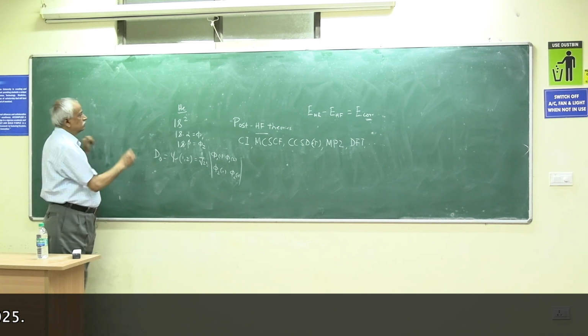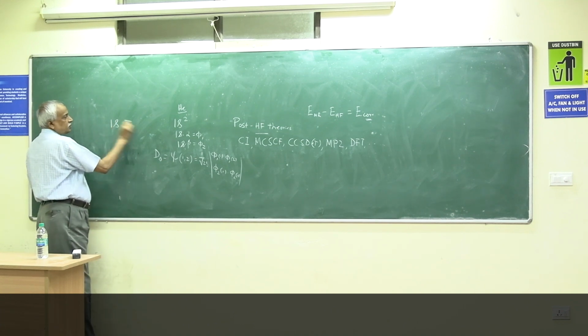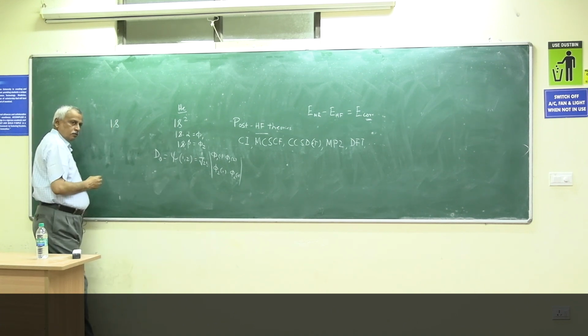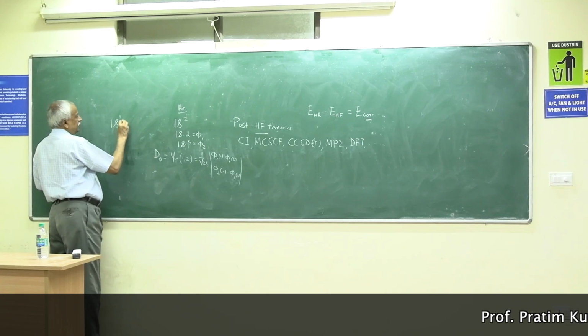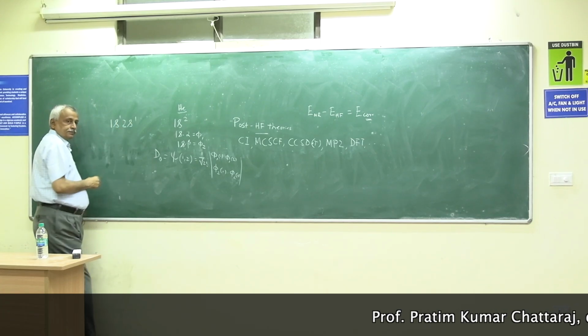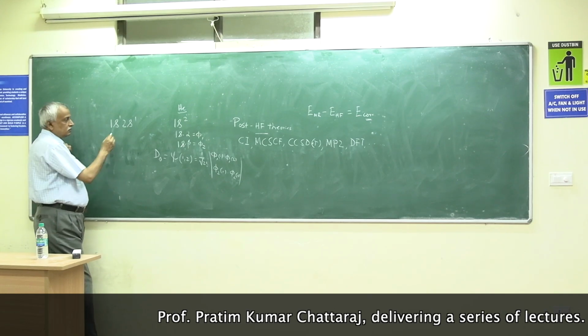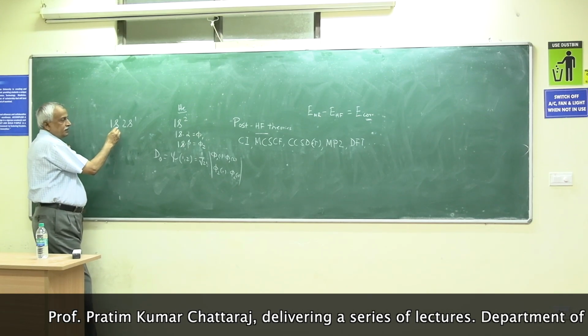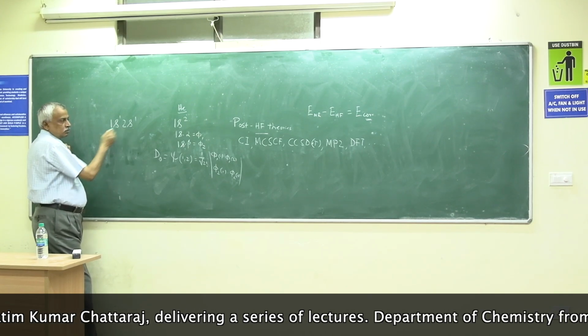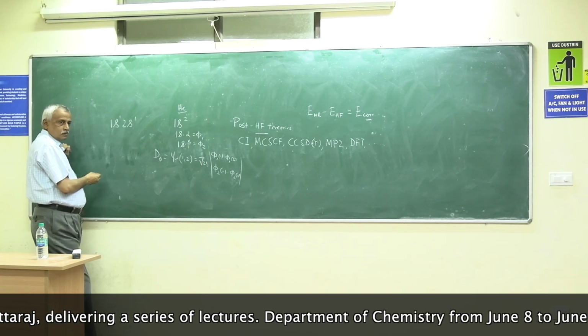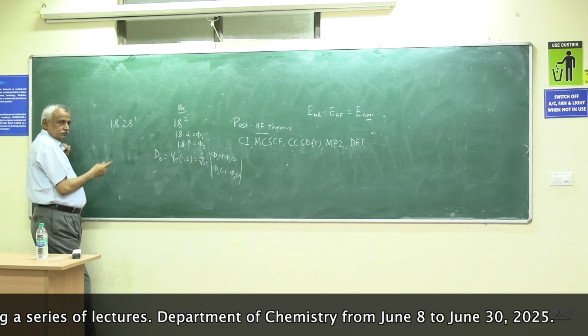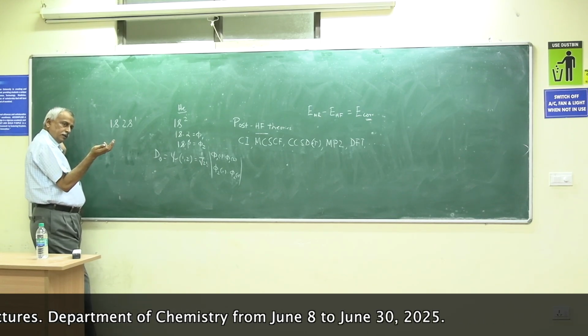Now I take another configuration, these are called electronic configurations. Suppose here you have 1s alpha and 2s beta, or 2s alpha also, that would be another.